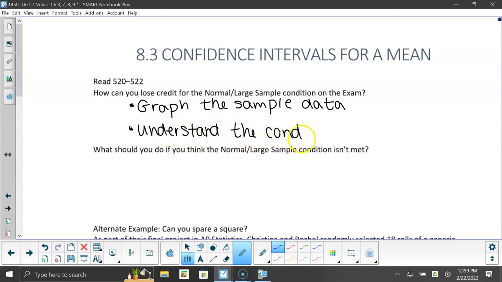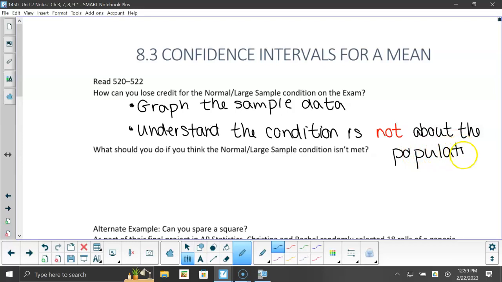It'll make sense in a minute. Yes, it is about the sample. And I would put an arrow right here and be like, must do this.